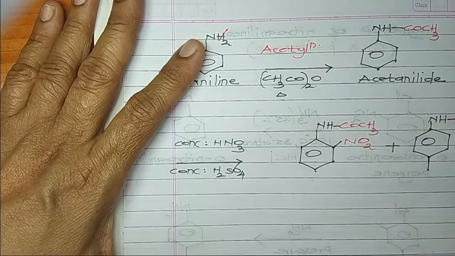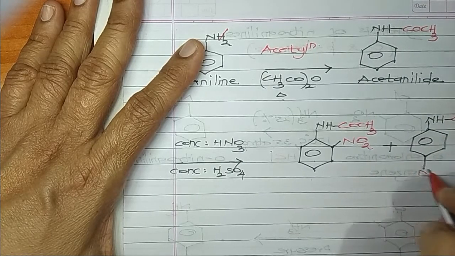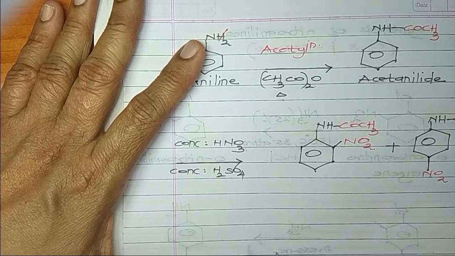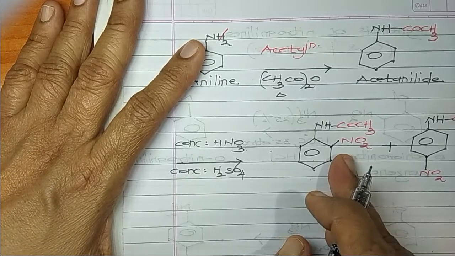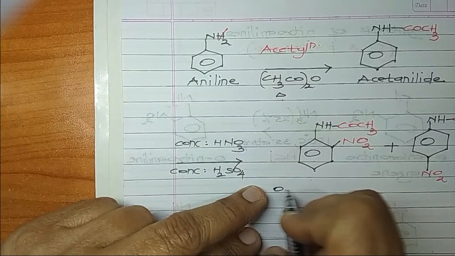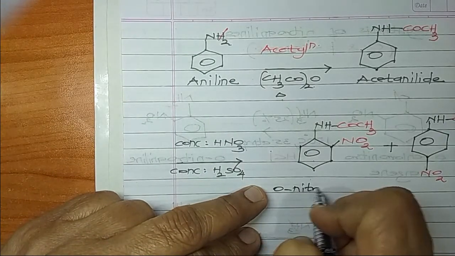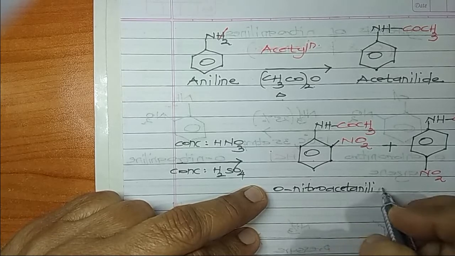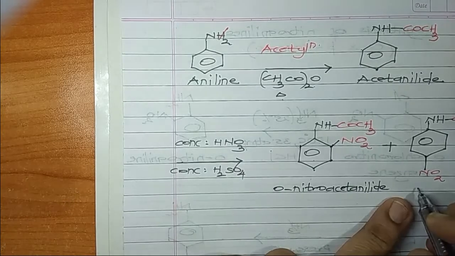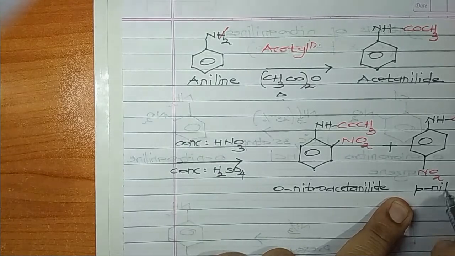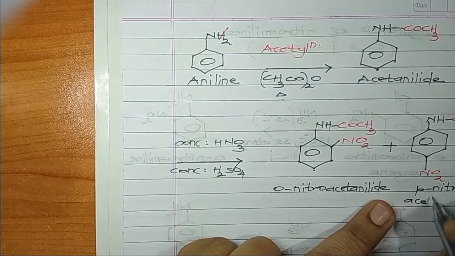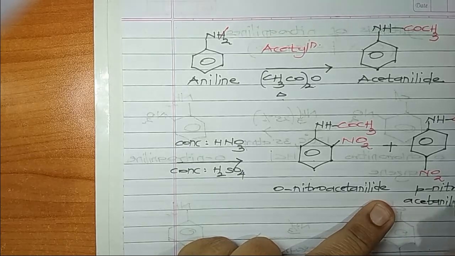I have removed that hydrogen atom and replaced it by a nitro group. So this is ortho nitroacetanilide, and this is para nitroacetanilide.